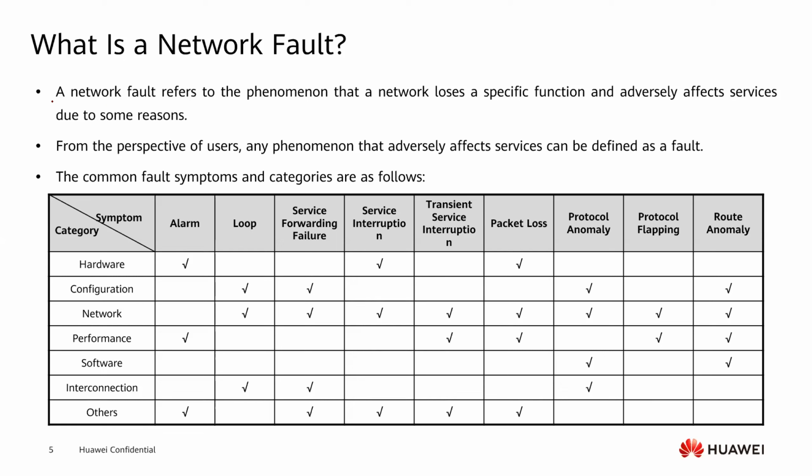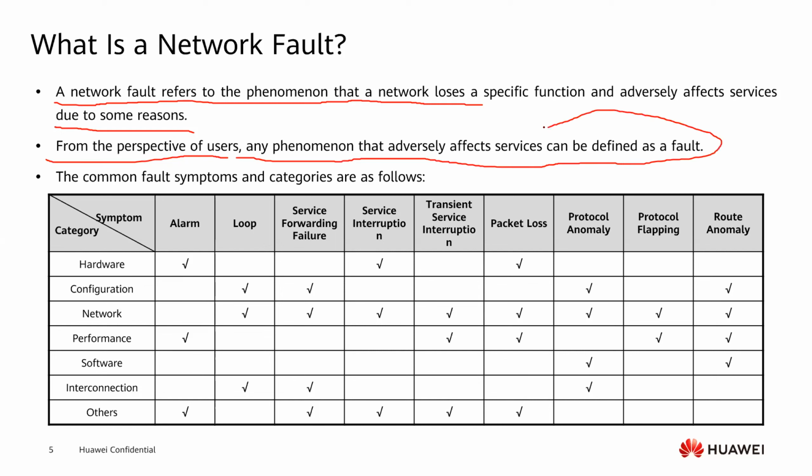A network fault refers to the phenomenon that our network loses a specific function and adversely affects the service due to some reason. From the perspective of the user, any phenomenon that adversely affects the service can be defined as a fault.